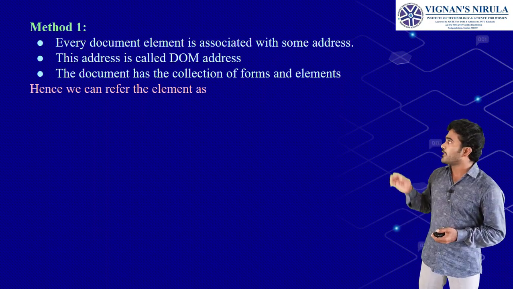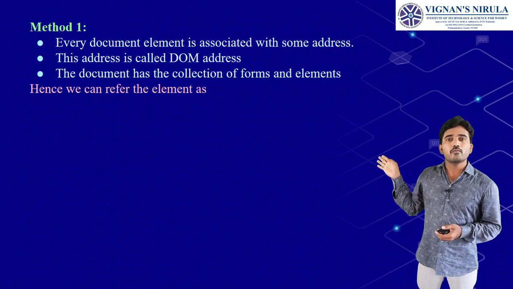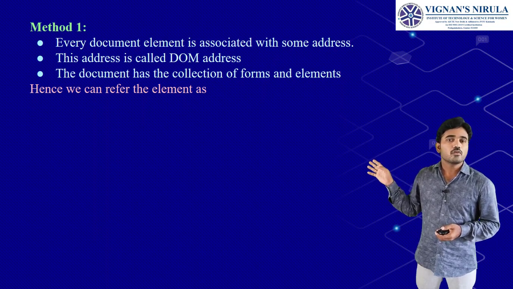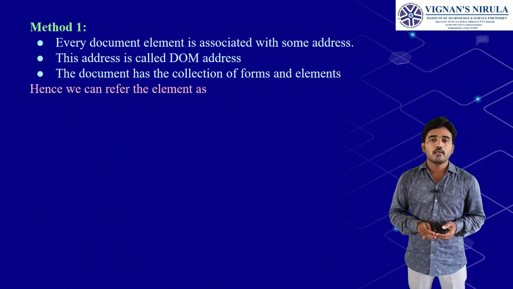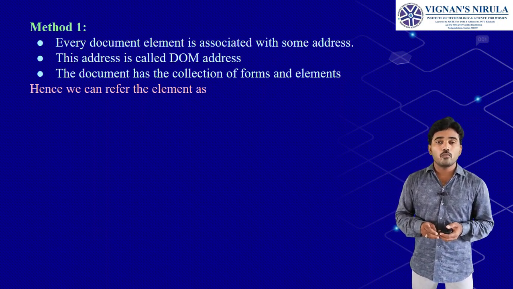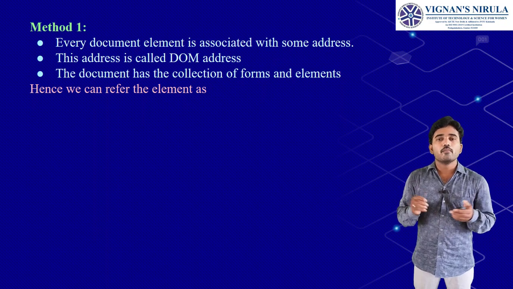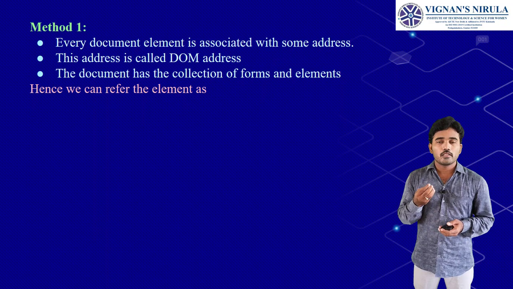Coming to method 1. In this method, every document element is associated with some address. This address is called the Document Object Model address, the DOM address. The document has a collection of forms and elements. So how can we access the input of type text in that form?